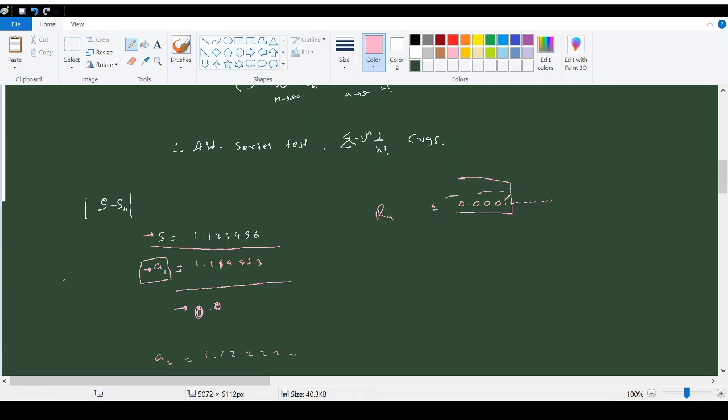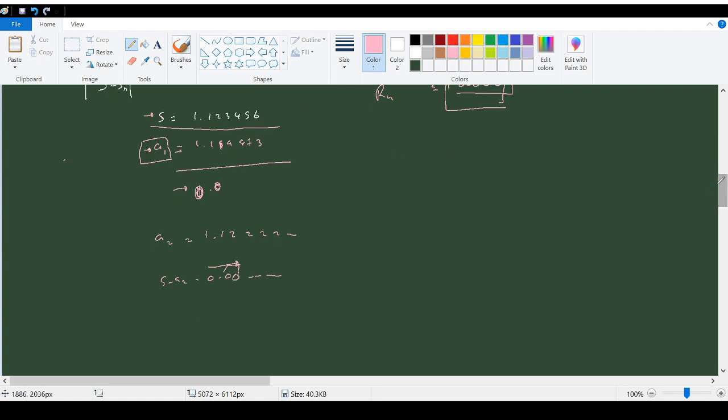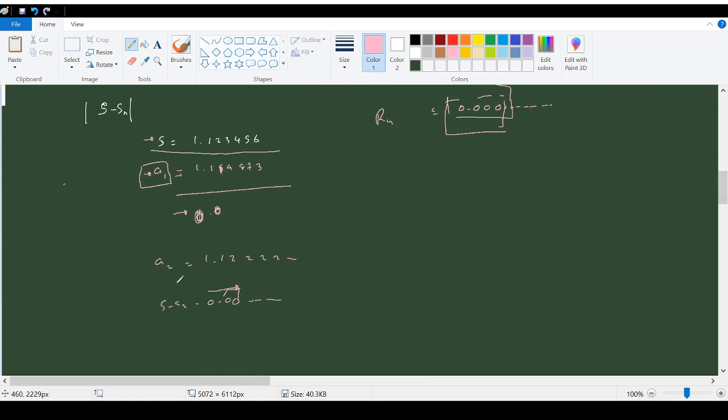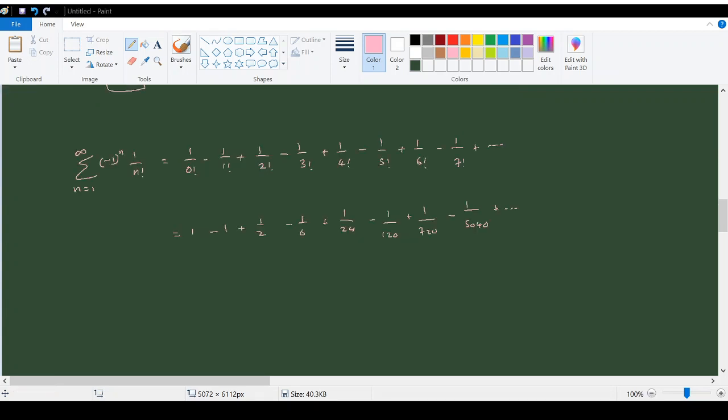So this should be our main goal, because at least 3 decimal places will give you this idea, right? Because now when you say S minus A2, that is basically the remainder that we are considering.